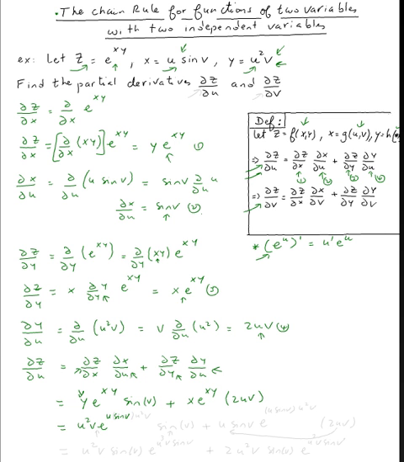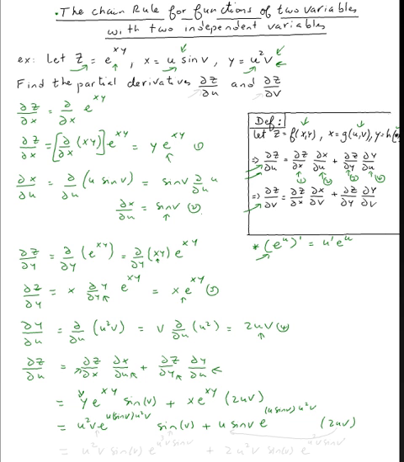Y is u squared v, times, let's do this, u squared v, all of that, sine of v, plus my x is u sine v, now e to the xy, x is u sine v, times y, u squared v, and all that times 2uv.